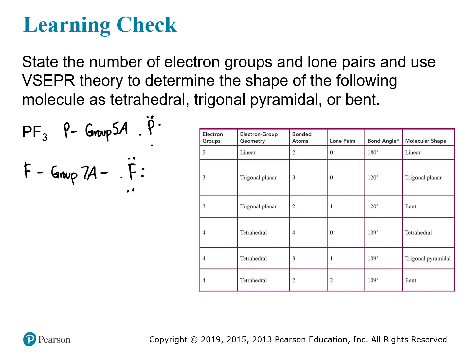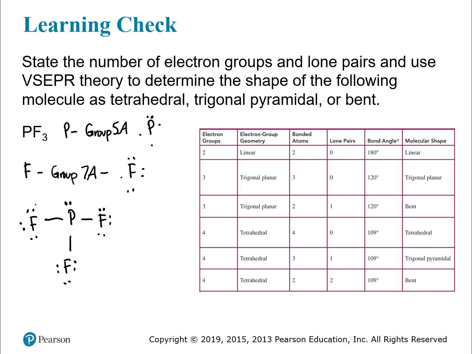Now we're going to arrange these to form the Lewis structure. Fill in all your lone pairs, especially the ones on the central atom, because that's going to tell you your shape.